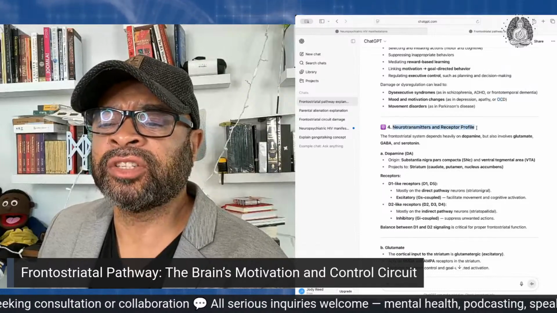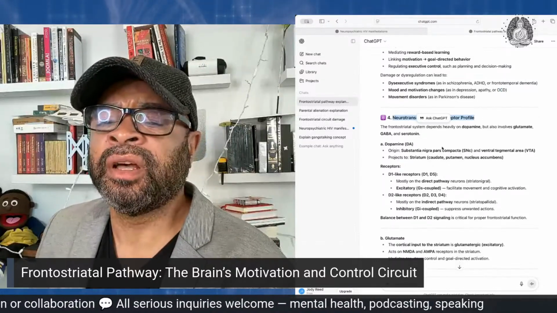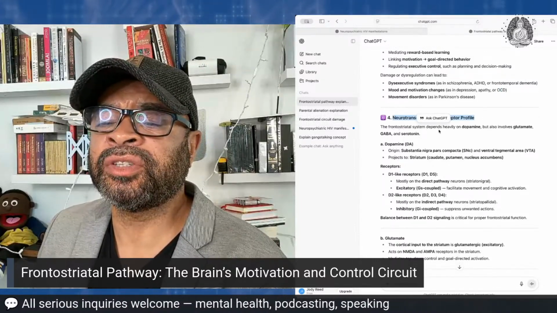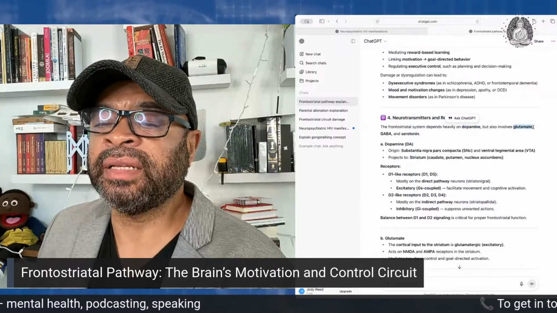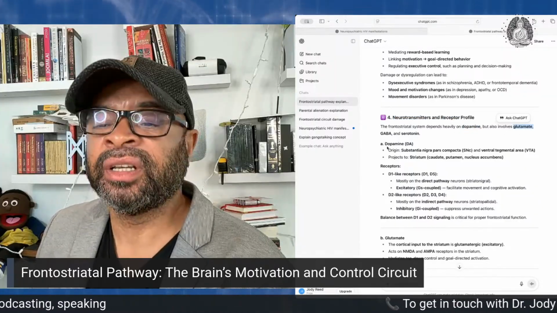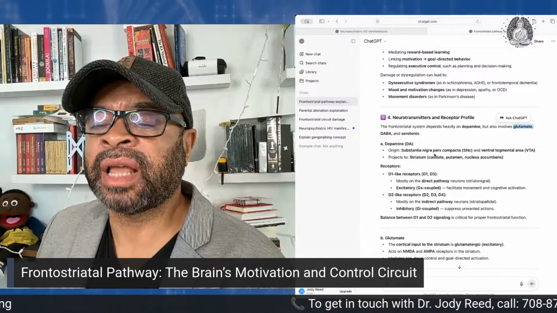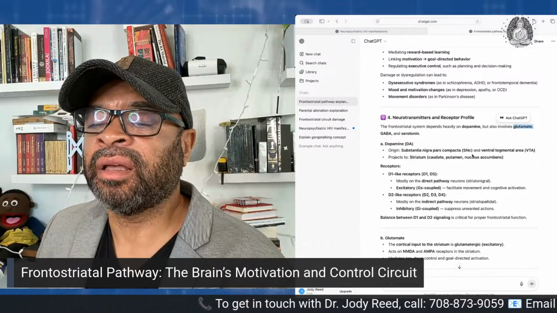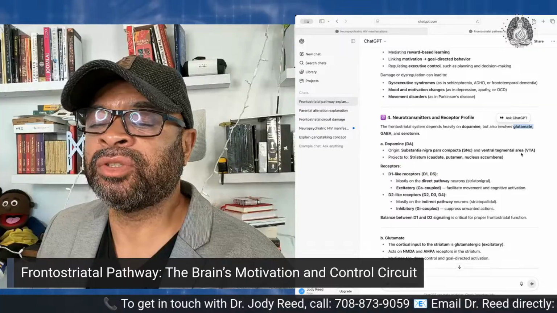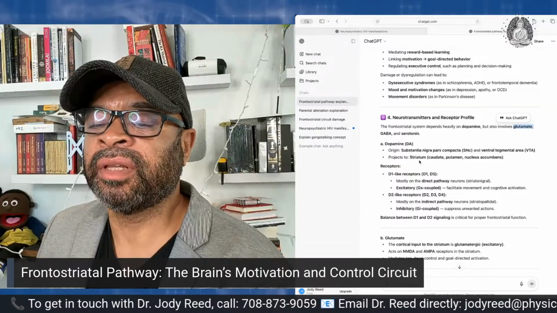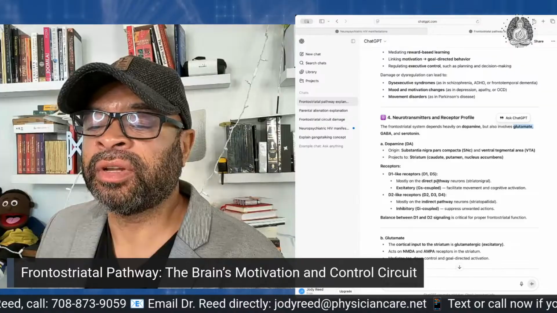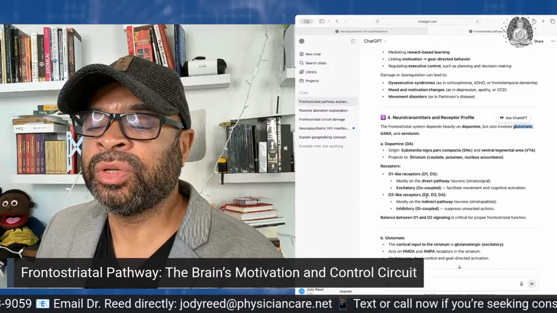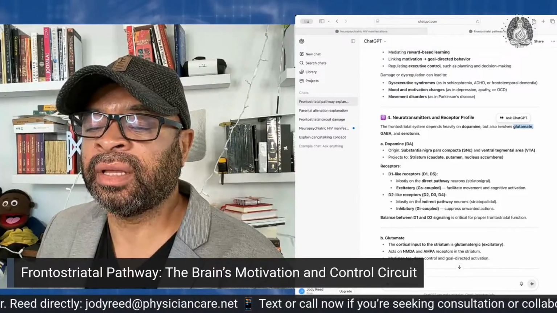Receptors: the neurotransmitters and receptor profile. The frontal striatal system depends heavily on dopamine, but also involves glutamate, GABA, and serotonin. Dopamine originates in the substantia nigra and VTA, the ventral tegmental area, and projects to the striatum. D1-like receptors are mainly on the direct pathway, D2 receptors on the indirect pathway.